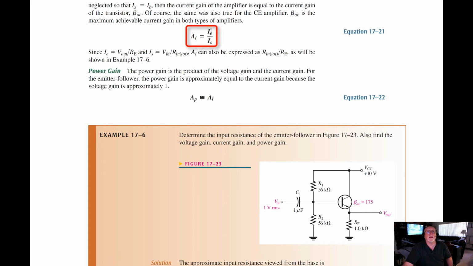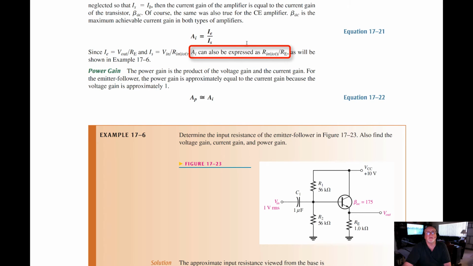The current gain is equal to the emitter current divided by the signal current. Since I sub E is equal to V out over the emitter resistor, and the source current is V in over R in total, the current gain can also be expressed as R in total over Re.